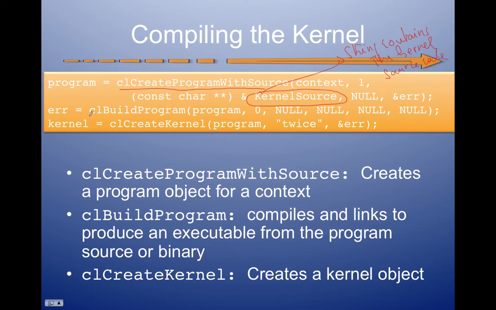Okay. Then I build the program. This part compiles and links, and then I have my object I will be able to use to execute the function that has been compiled.